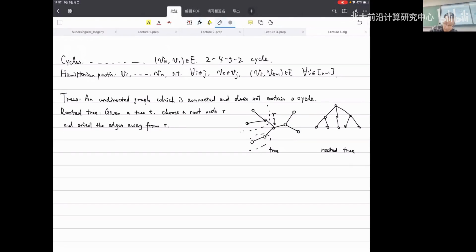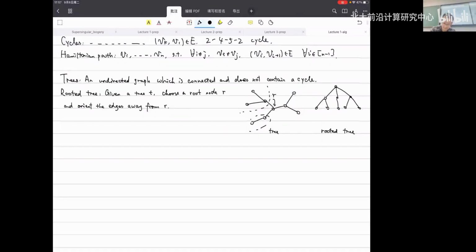I'm writing I here, maybe you're not seeing it clearly. If I look at this specific point as R, you can rearrange this tree and look at it from another perspective. It's basically the rooted tree on the right-hand side.